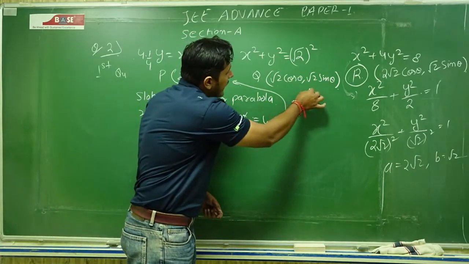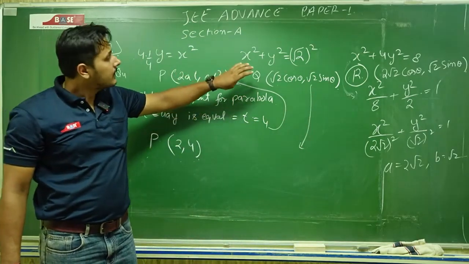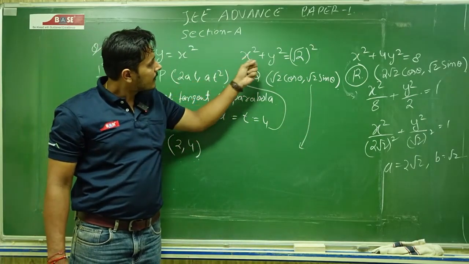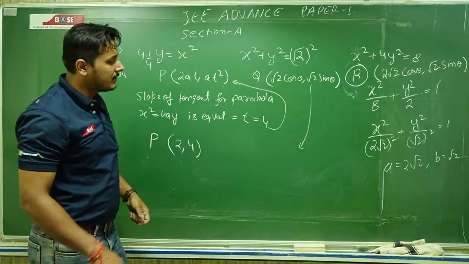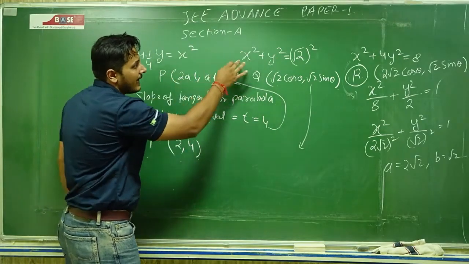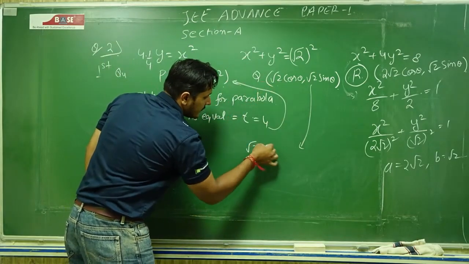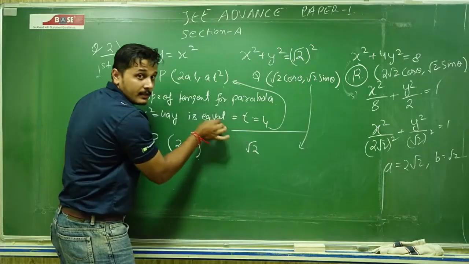Similarly, let me write the tangent equation for the circle. As we know, T is equal to 0 is the tangent if the point lies on it. So what is x1? This, root 2 cos theta.